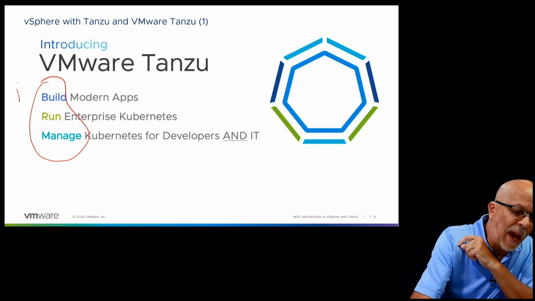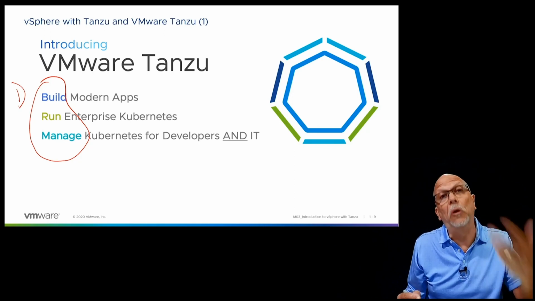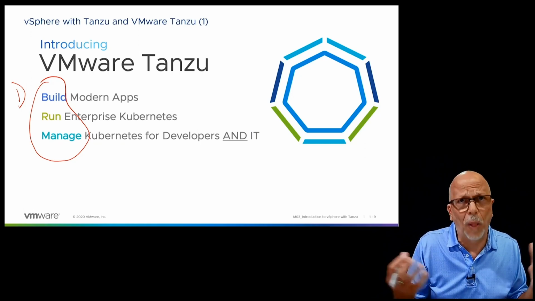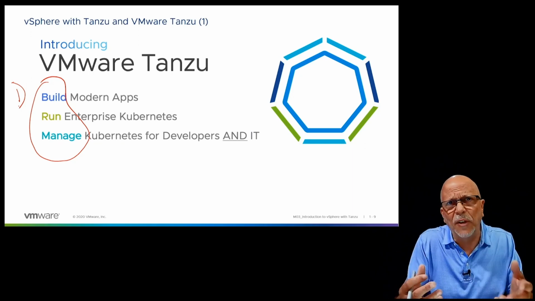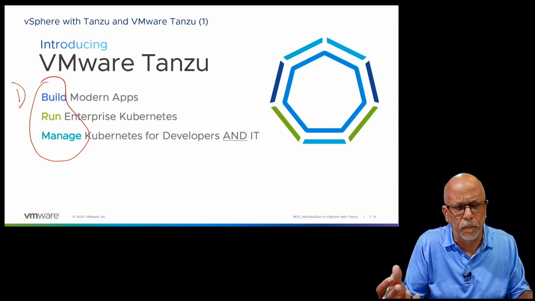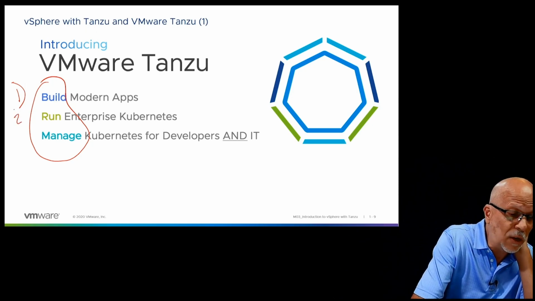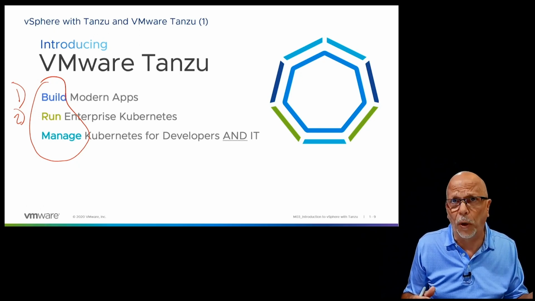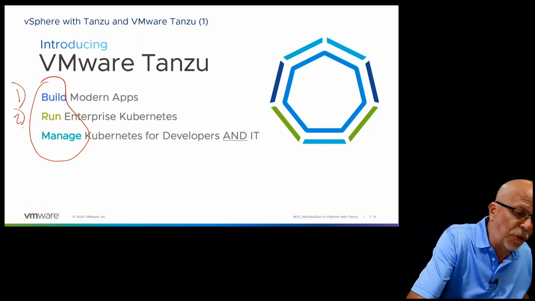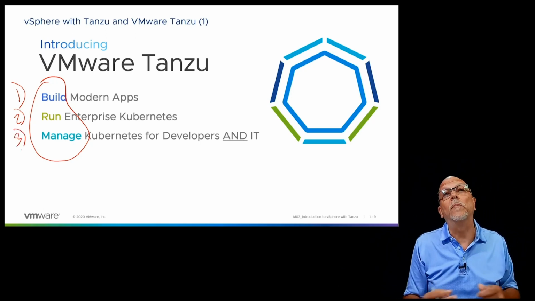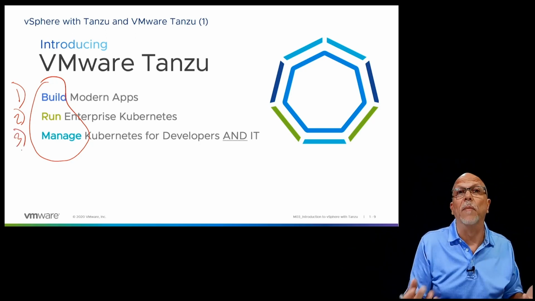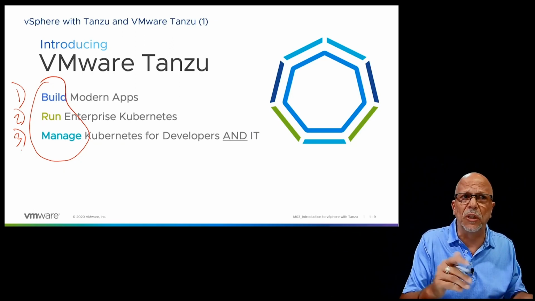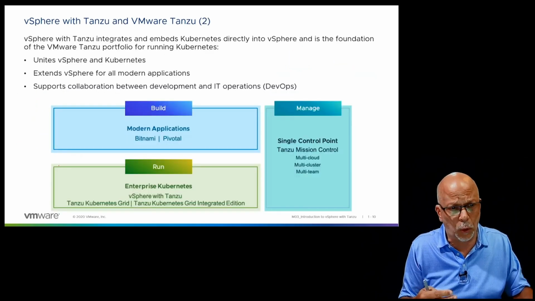What tools do we have available to help you build your new containerized, Kubernetes-ready workload platforms, the actual containers that are doing your business functions? Secondly, you're going to need a way to run that in an enterprise-grade Kubernetes platform. And thirdly, you're going to need a way to manage that runtime environment. And Tanzu has respective solutions in all three of those categories.